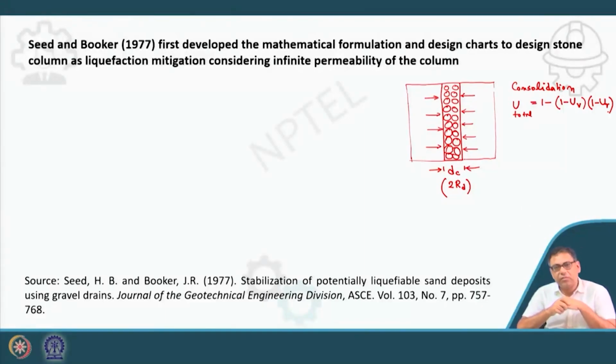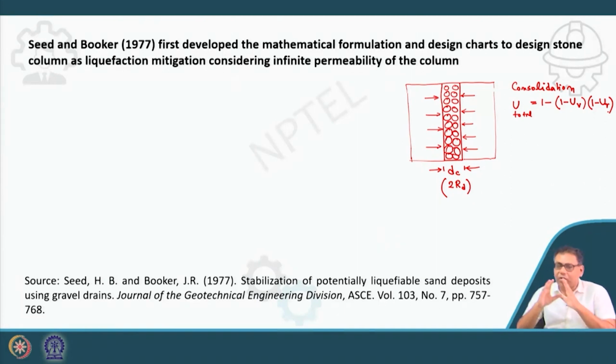Okay. So, that is why in most of the analysis only the radial consolidation or the drainage is being considered, not the vertical. But if you want, you can consider the vertical also.